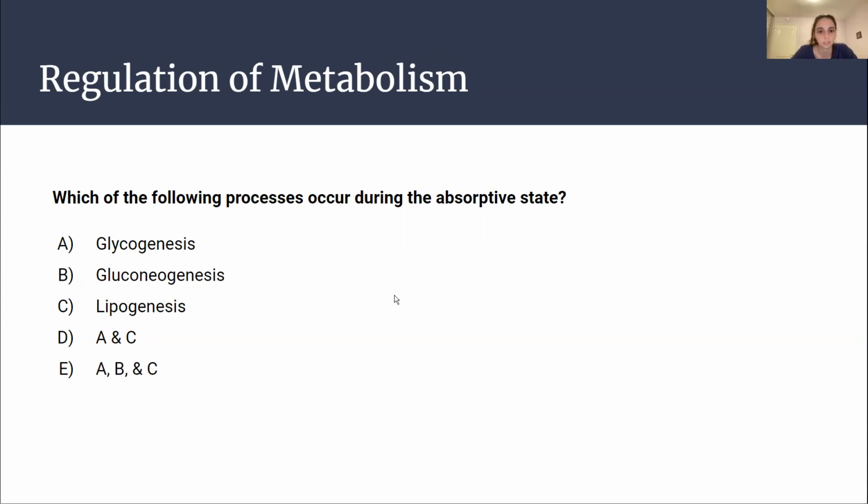And remember to read the questions carefully, right? The absorptive state. What occurs during the absorptive state? Not the post-absorptive, but the absorptive. During the feasting stage, right? You guys have about 30 more seconds.